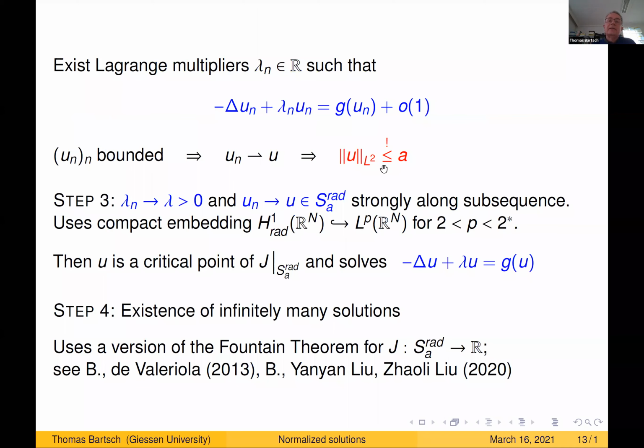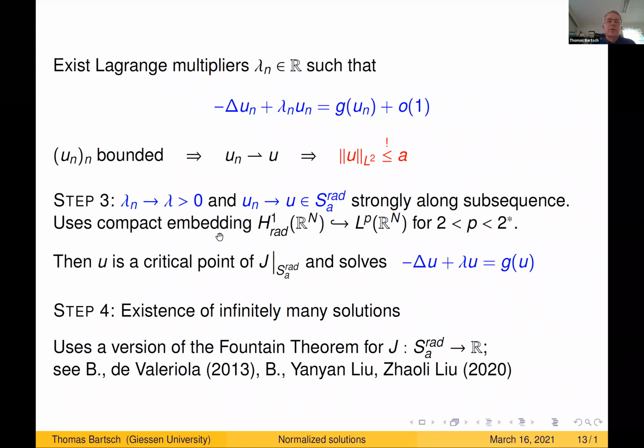Of course, then the weak limit need not lie on the L2 sphere, so you just know that the L2 norm is less than or equal to A. In any case, to proceed, what one needs now is to control the Lagrange multipliers. And in this setting, one can prove in the next step that the Lagrange multipliers actually do converge towards some positive lambda. And then once one has shown this, Un also converges strongly.